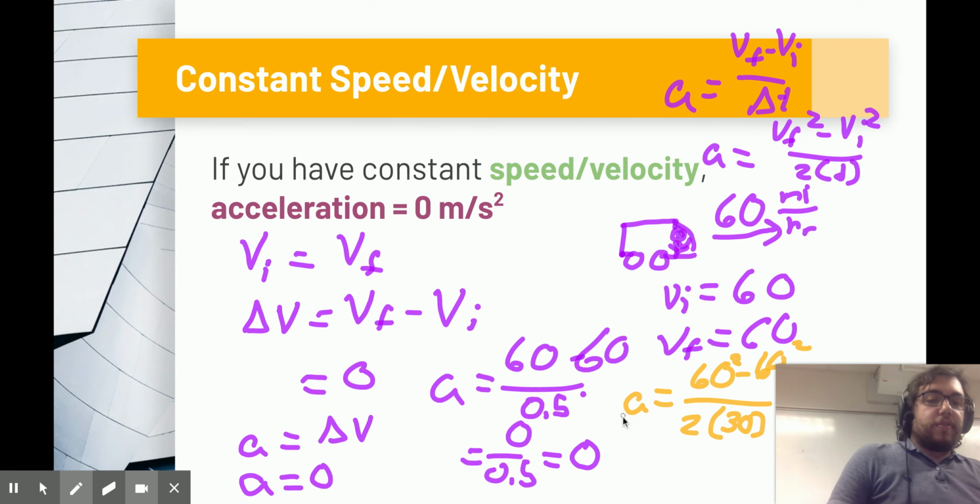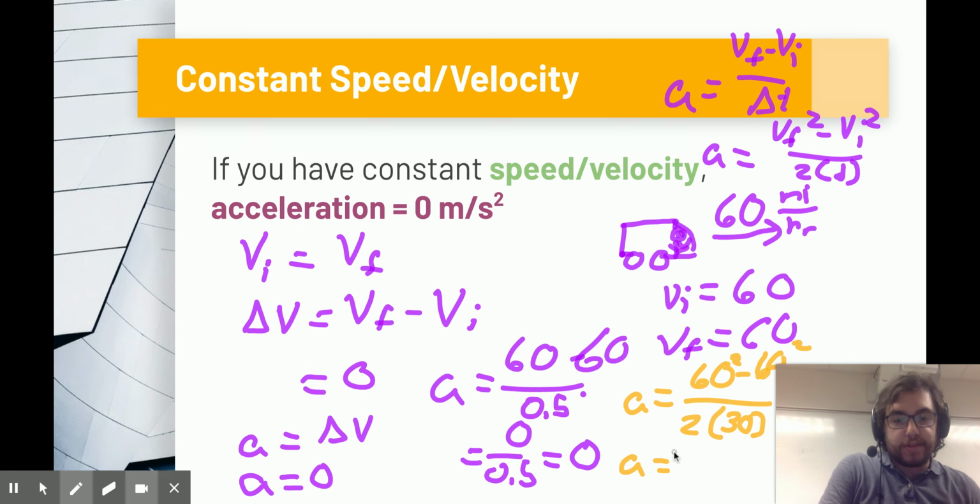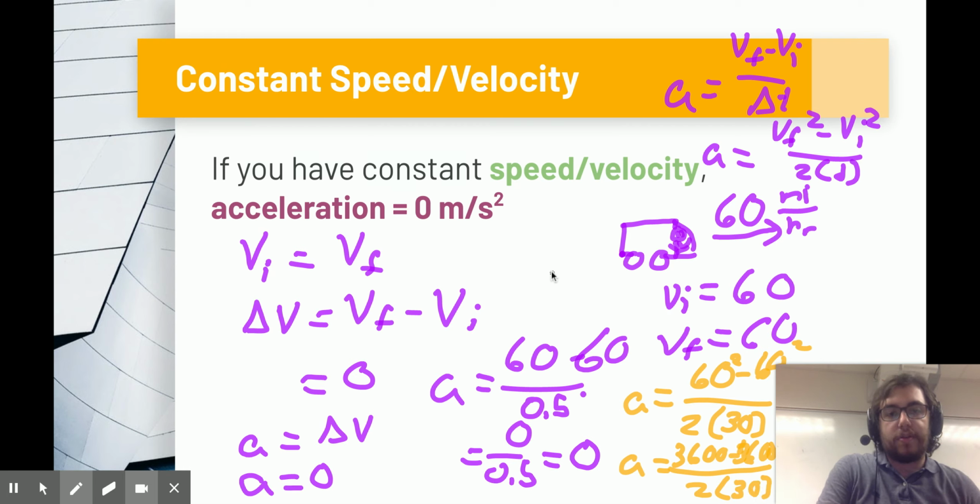So A is equal to 60 squared, which is 3,600. 3,600 minus 3,600 will be equal to 0. Divide by 2 times 30. So if I come up here, 0 over 60, A is still equal to 0.